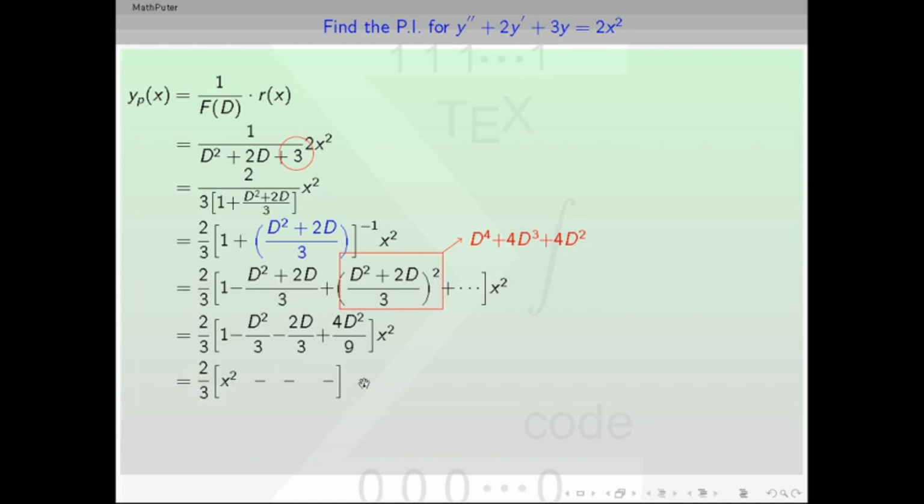The second derivative, which is 2 divided by 3. The first derivative, which is 2x, so it gives us minus 4 upon 3x. And this is the second derivative, which is constant 2, so it is 8 upon 9. By the simple calculation, we have the particular integral 2 upon 3 x square minus 8 upon 9 into x plus 4 upon 27.